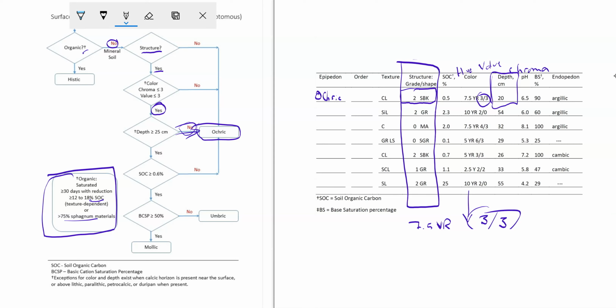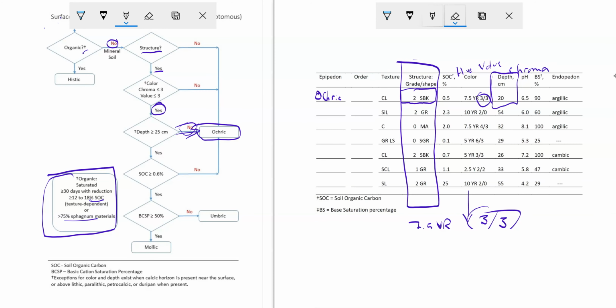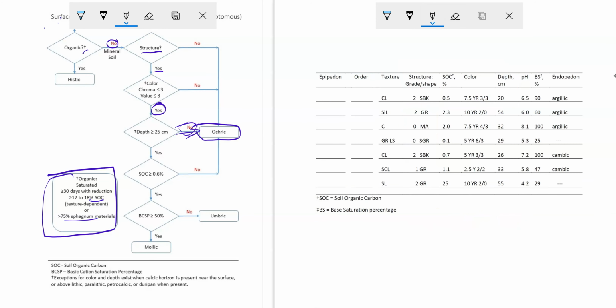And so that's what we put in that blank. It's an ochric horizon. So our epipedon, our surface horizon, is ochric. Let's erase these things and go to the next set.